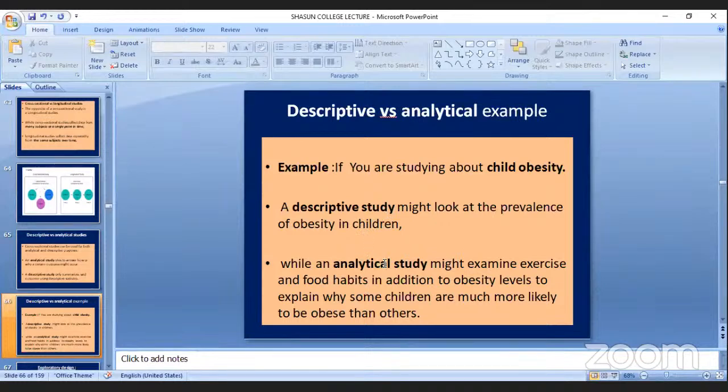But an analytical study asks why there is child obesity. What is the reason? What kind of problems do they face? You will analyze a lot of things. That is the difference between descriptive and analytical. The problem is the same, child obesity, but in a lighter manner, with a small statistical or basic approach, that is called descriptive. But when you want to do it in depth, that is called an analytical study.